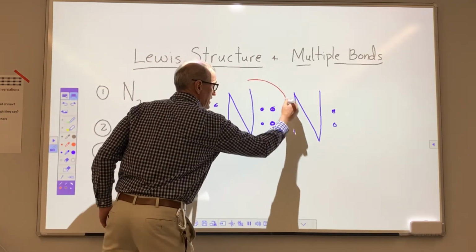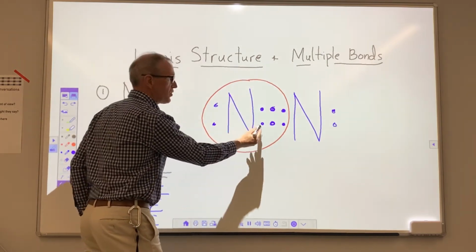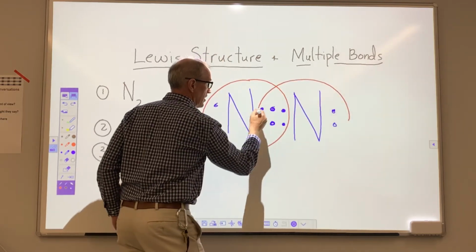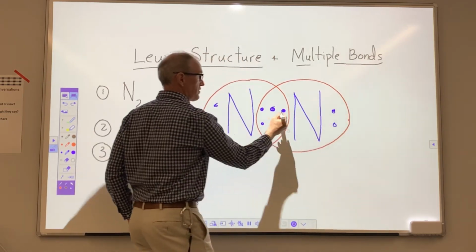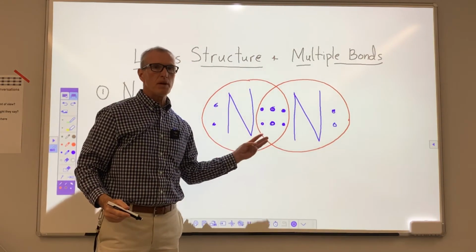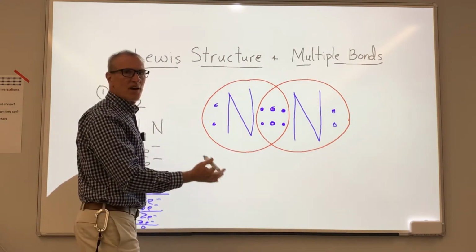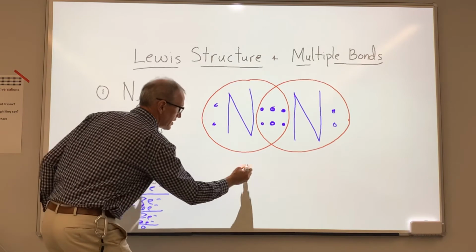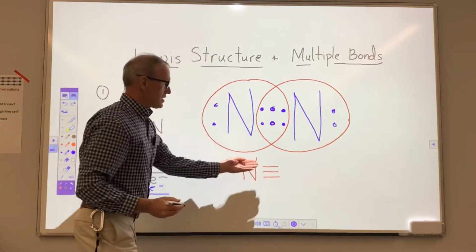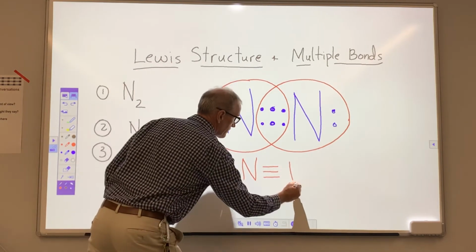So now I see this nitrogen has 2, 4, 6, 8, and this nitrogen also has 2, 4, 6, 8. And they achieve that by sharing 3 pairs of electrons, or 6 total electrons. Effectively, we have a triple bond. I can simplify this to use a line to represent each pair of shared electrons.